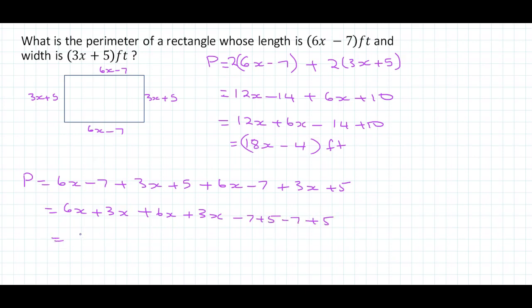So this is going to give you 6 plus 3, 9 plus 6, 15 plus 3. We have 18x minus 7 plus 5, that's minus 2, minus 7, which is minus 9 plus 5, which is minus 4. So you see that we get to the same answer.